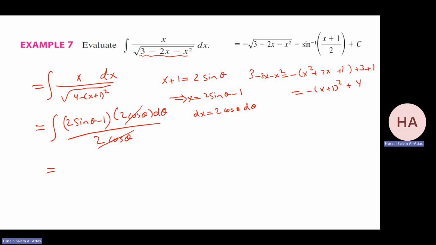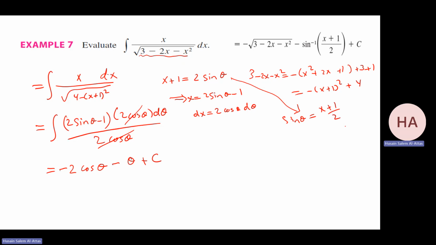I have the integral of 2 sine theta minus 1, which is minus 2 cosine theta minus theta plus c.